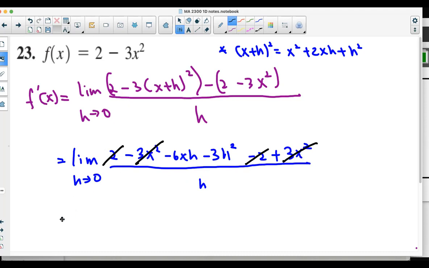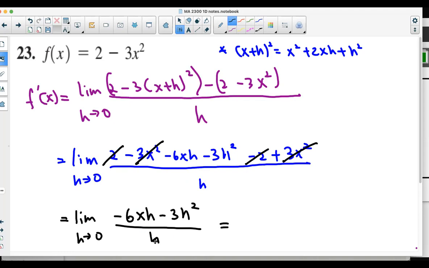Then what we have right now is the limit of negative 6xh minus 3h squared, all over h, as h approaches 0. Then we can divide by h, so we are left with the limit of negative 6x from the first one, and these h's cancel away, so we have minus 3h as h approaches 0.